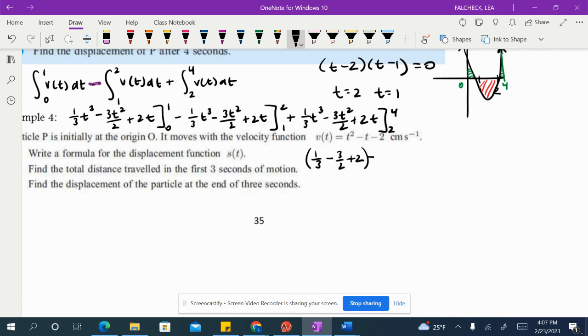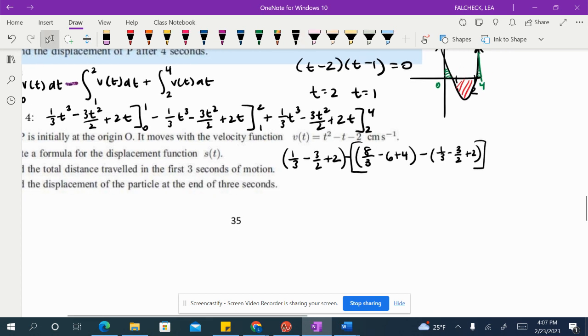Minus, now we have 2 cubed, which is 8 divided by 3, 8/3 minus, t is 4, and that's going to be 12 divided by 2, which is 6, plus 4, and then this whole guy is going to be minus 1, so that's going to be 1/3 minus 3/2 plus 2.